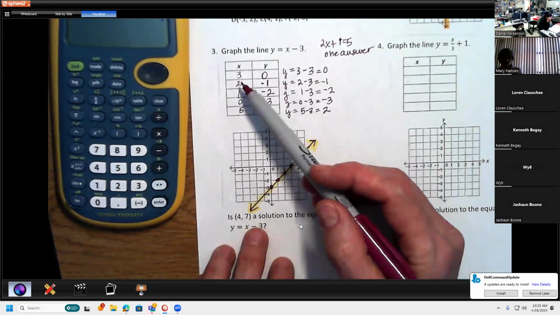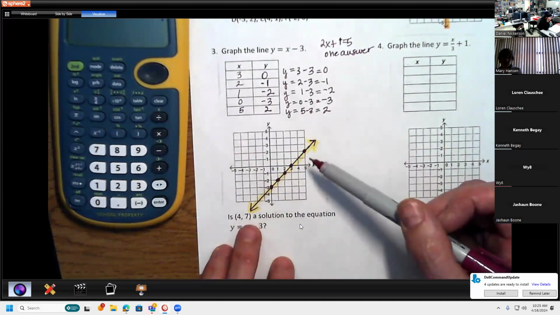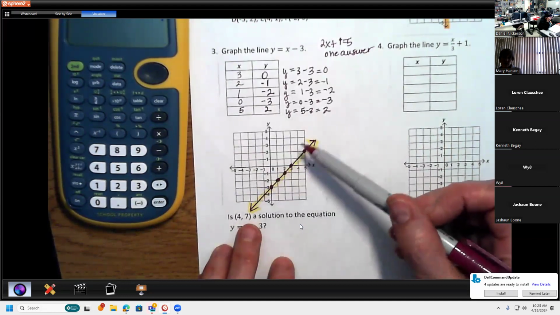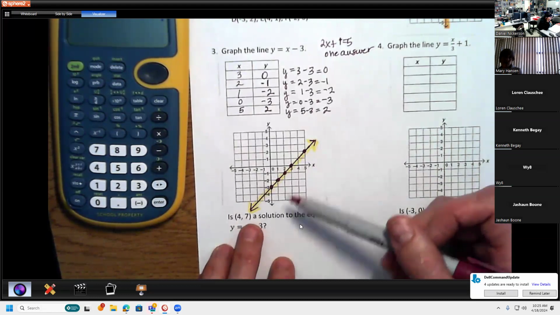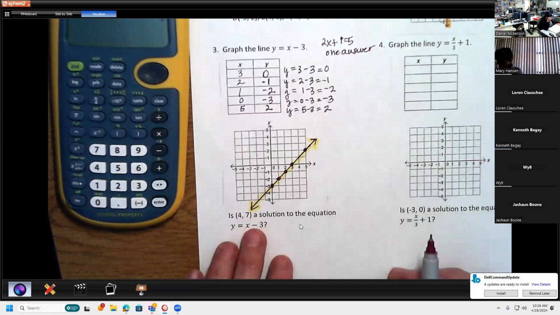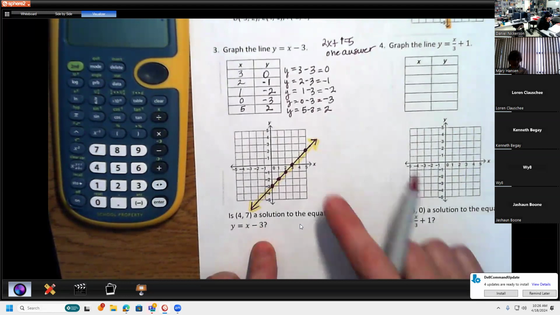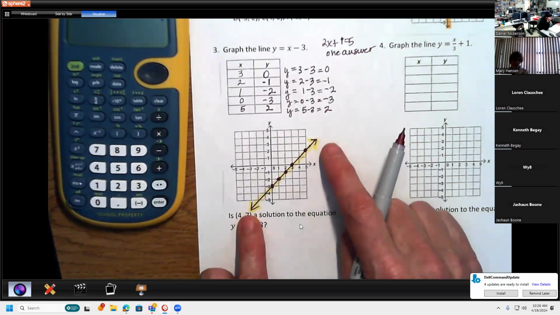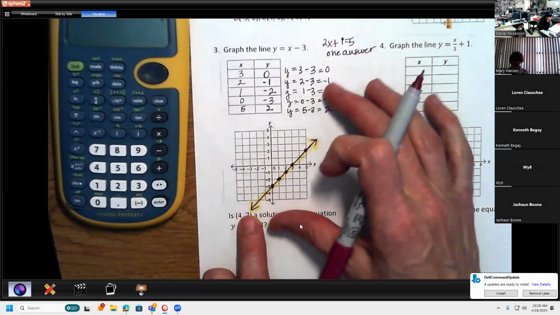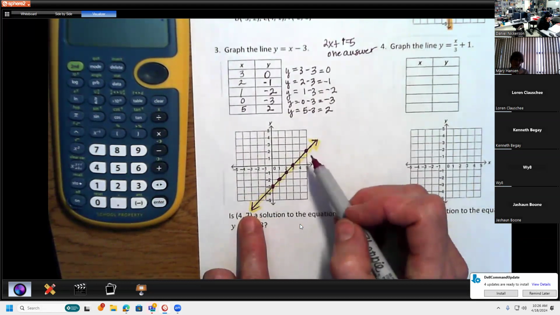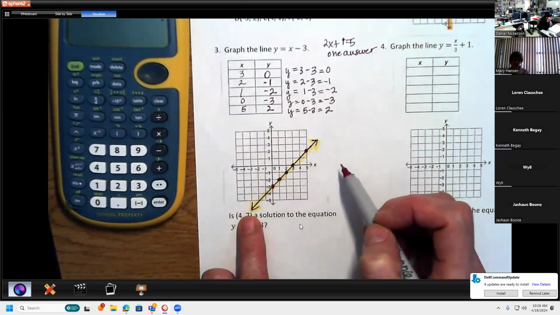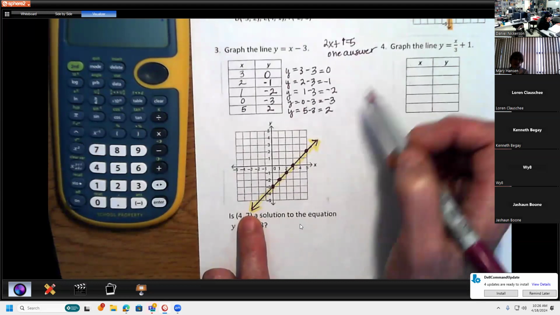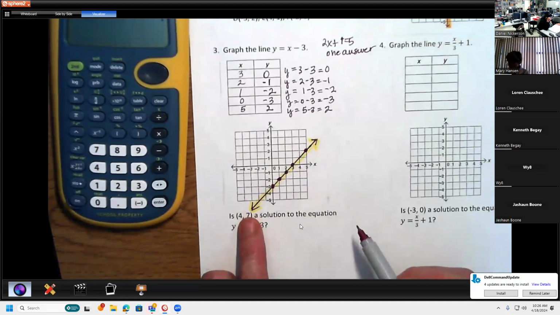So that's why even if you pick different numbers for X, they might fall in different places on this line, but you'd get the same line when you draw the line. We put arrows on the end because it really goes forever. I could make this grid paper bigger and bigger, and instead of stopping at 5, we could go to 10 and 10, and that line would just continue up there.